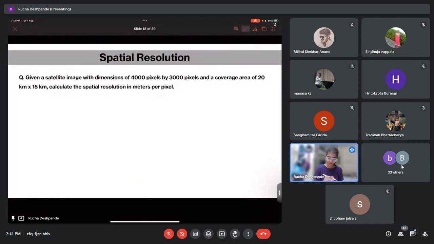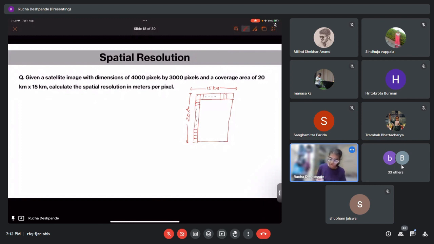So we have an area of 20 kilometers by 15 kilometers, and there are 4,000 pixels in this row and 3,000 pixels over here.